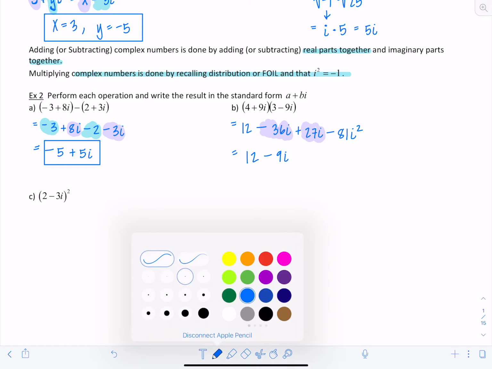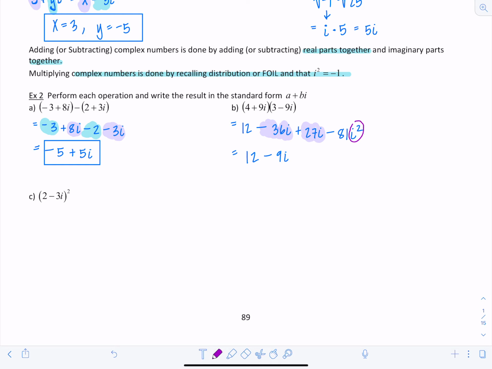And then remember, I'm going to replace i squared with -1. So I have -81 times -1, which is going to give me positive 81. And then I want to combine my real parts together. So 12 plus 81, that's going to give me 93 minus 9i. Good.